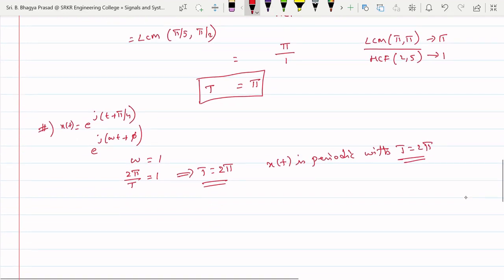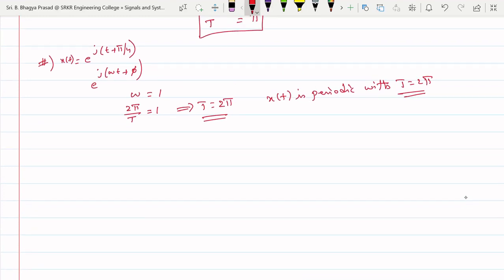And one thing you have to remember is that complex exponential signals like e power j omega t are always periodic. So if you expand this, cos omega t plus j sin omega t, and plot the signal with respect to time, the real part and imaginary part, cos omega t is a cos signal and sin omega t is a sinusoidal signal.